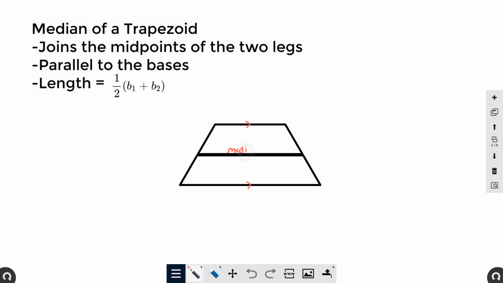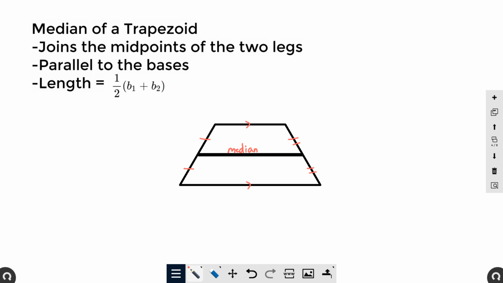So this right here is our median, and that median joins the midpoints of the two legs. So it joins the middle of this side and then the middle of this side. The legs do not have to be congruent for a median, so it's not just an isosceles trapezoid. This works for any trapezoid. The median will hit the middle of both legs.